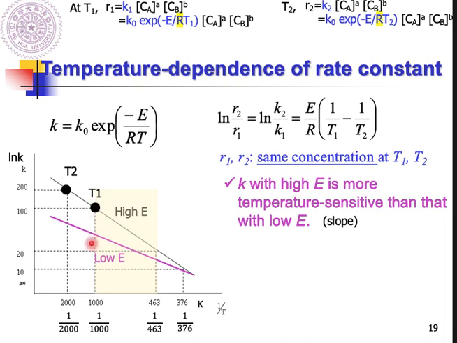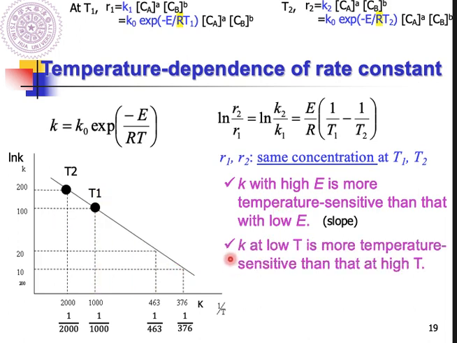So the reaction with the higher activation energy has a higher slope compared to the one with the lower activation energy. So the higher activation energy one is more temperature sensitive, which means when you increase the temperature, you can increase the rate constant significantly. This means we have a temperature sensitive rate constant.